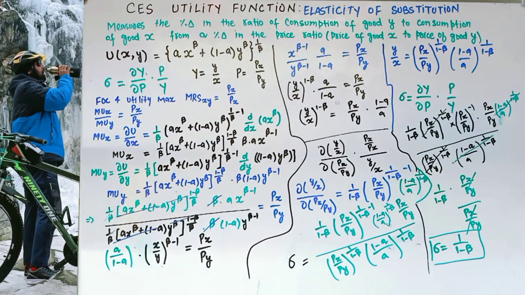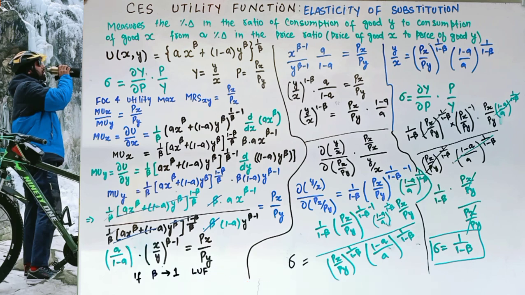There are some special cases. If this beta tends to 1, that is, approaches 1 in the limit, we will get the linear utility function.